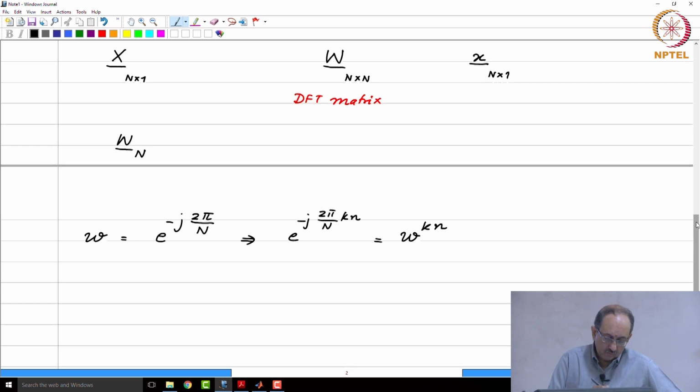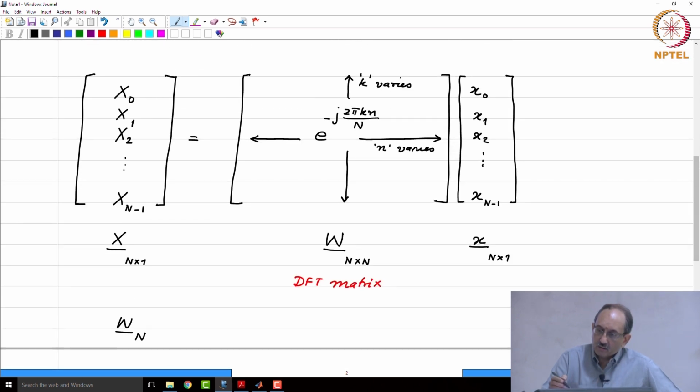So, from that it follows that the columns of W are independent, and this is an N by N matrix with N independent columns, and if you recall from your linear algebra course, this has rank N, which means this is non-singular and hence invertible.